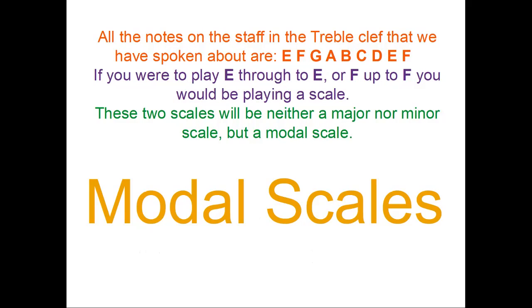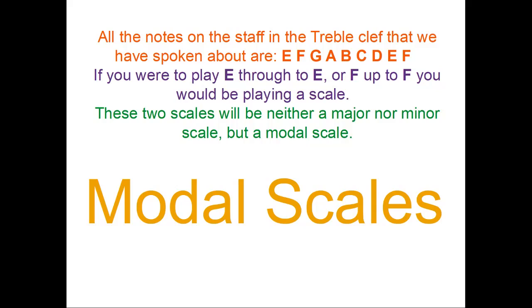All the notes on the staff in the treble clef that we have spoken about are E, F, G, A, B, C, D, E, F. In other words, we're talking about one octave and one note, E to E plus the F. If you were to play E through to E or F up to F, you would be playing a scale.